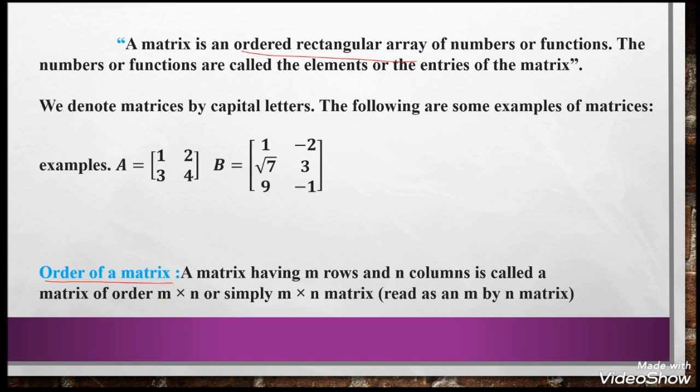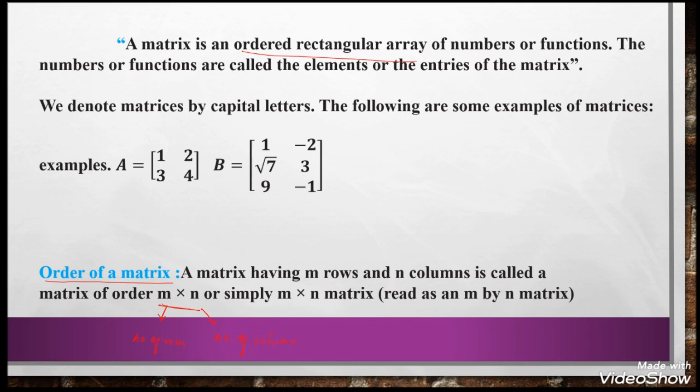If a matrix has m rows and n columns, then its order is m cross n. Here m denotes the number of rows and n denotes the number of columns.